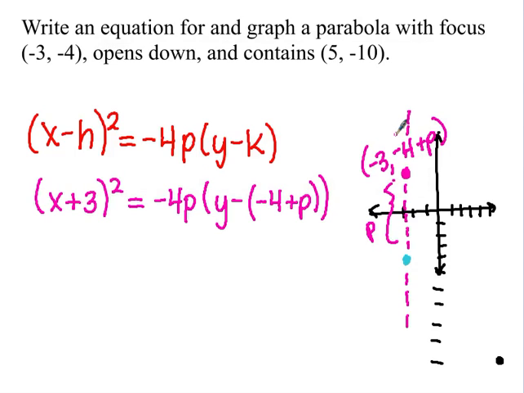Alrighty, so now I'm going to go ahead and sub in the point 5, -10. So put in 5 for x and -10 for y.